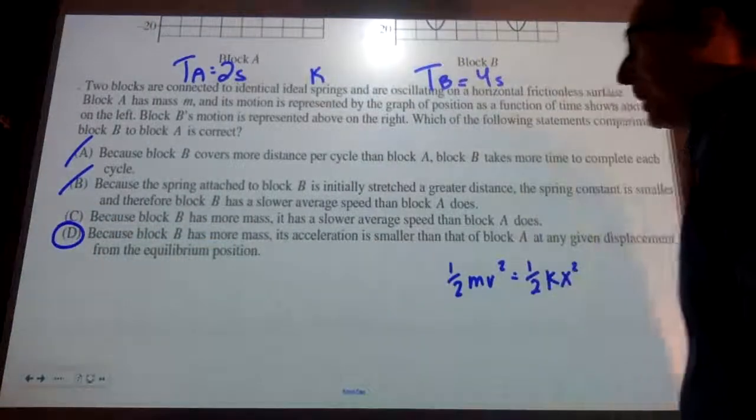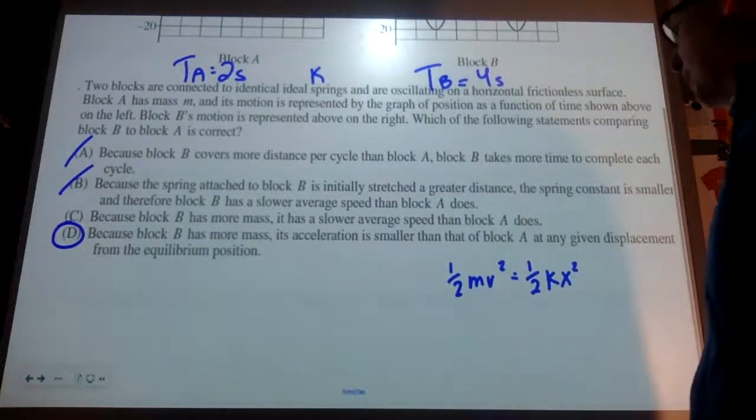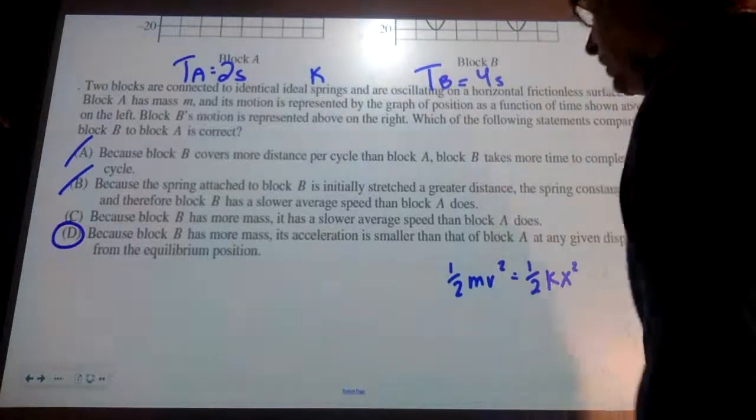It is D. Because block B has more mass, its acceleration is smaller than that of block A at any given displacement.